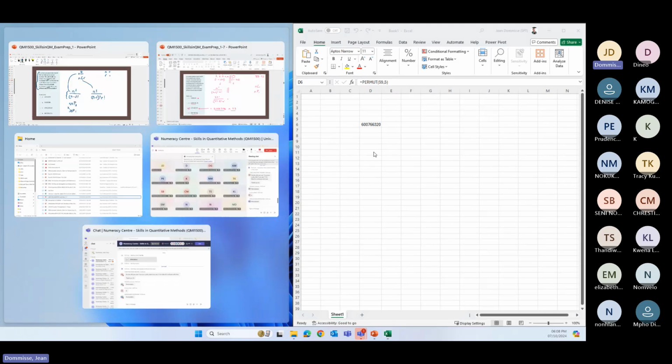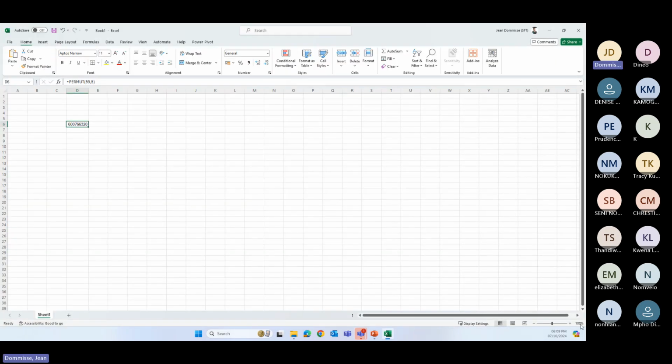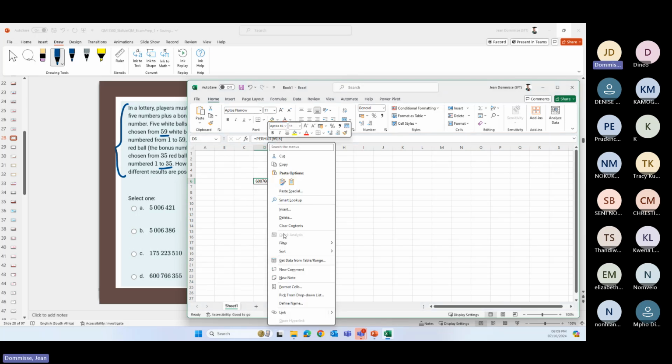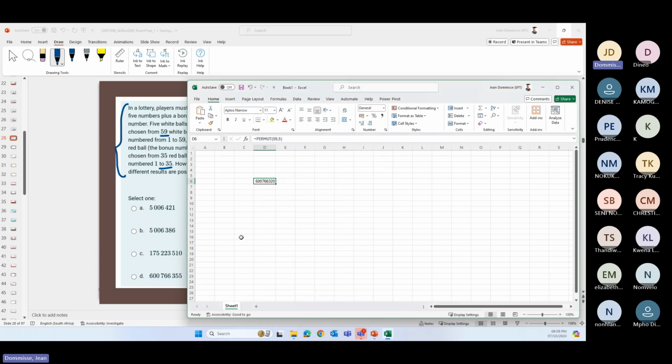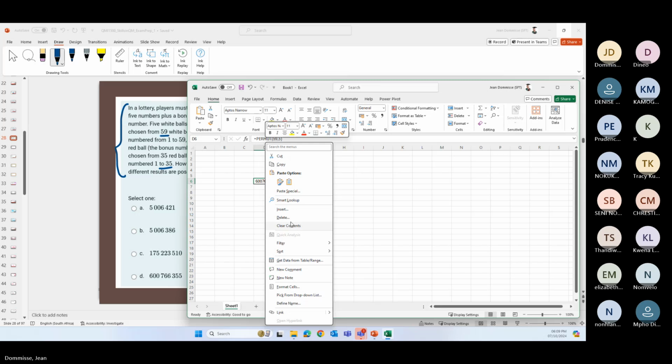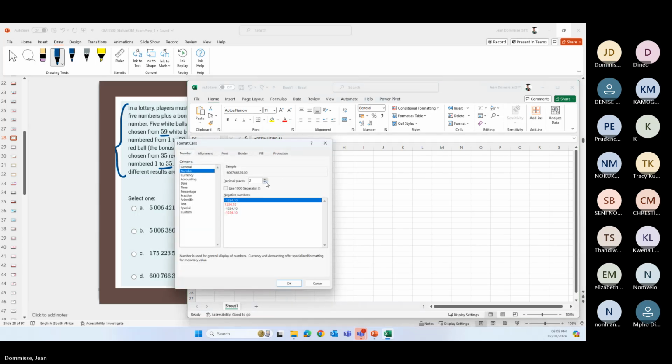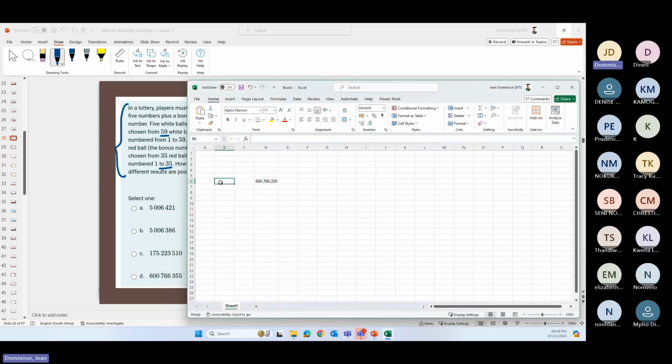Okay, so that already gives me that big number. So now we need to think, is the permutation the right thing that we've done? Okay, so that was the permutation for the 59.